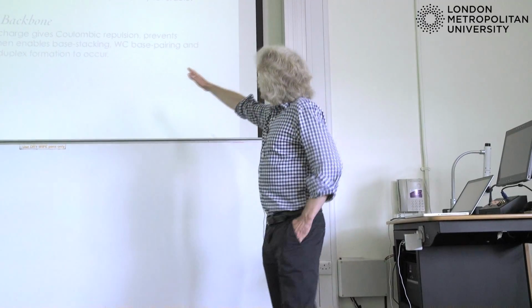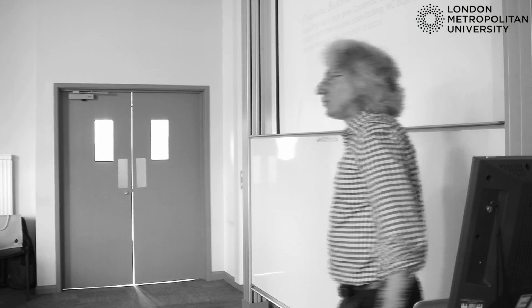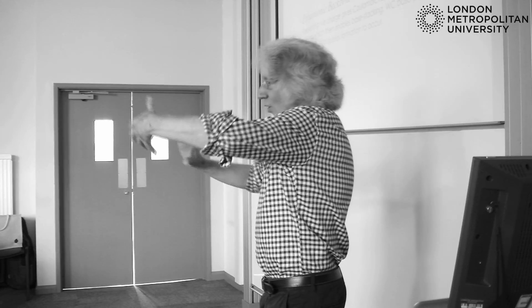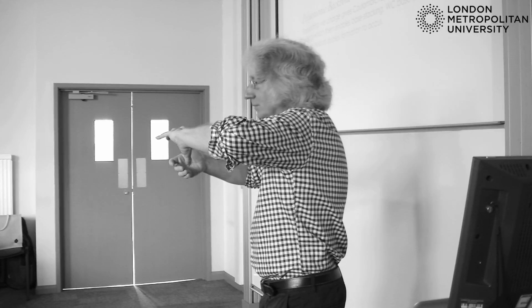But so what happens? This does something very interesting. This prevents the long sequence from folding up. The electrostatic repulsion prevents that, so it tends to stretch out. And that allows base stacking and eventually Watson-Crick hydrogen bonding to occur.